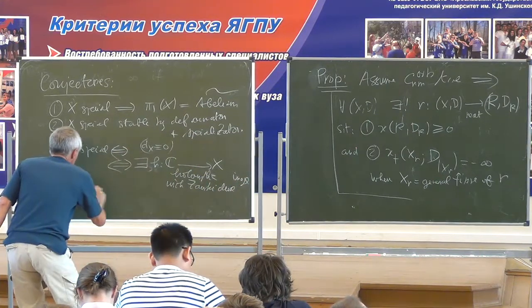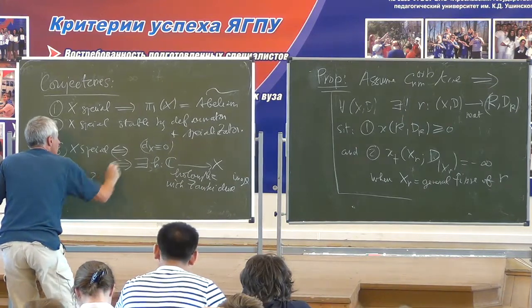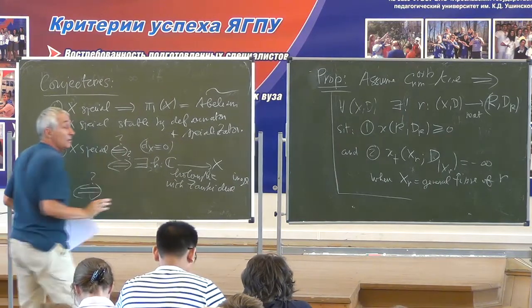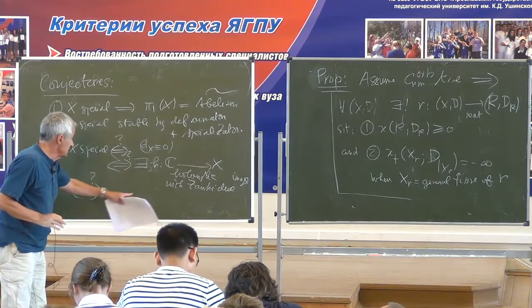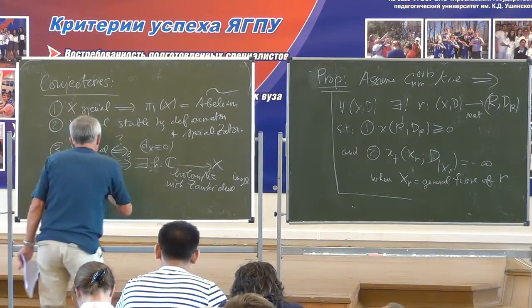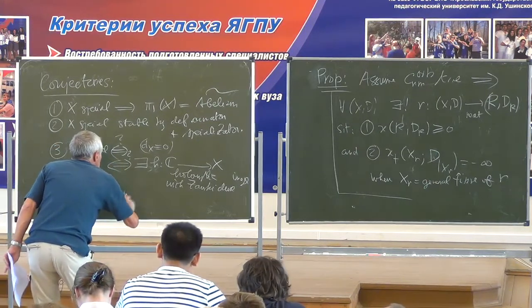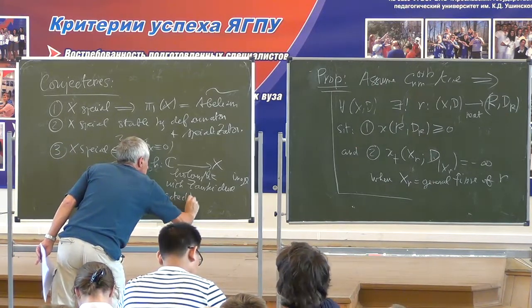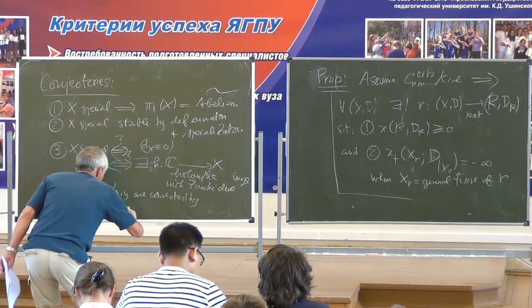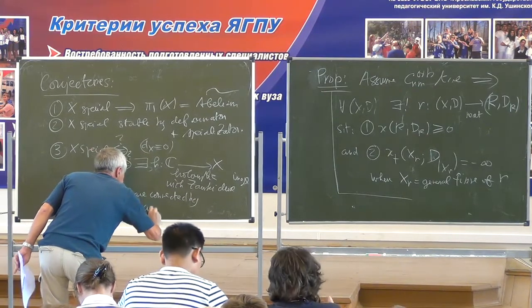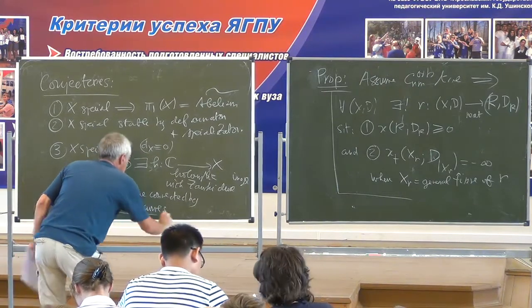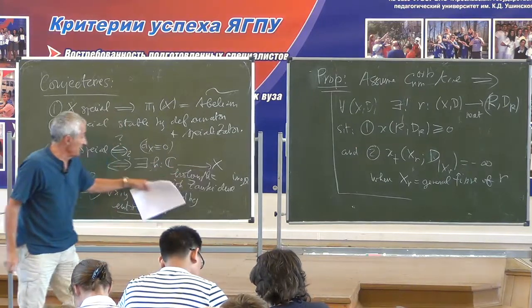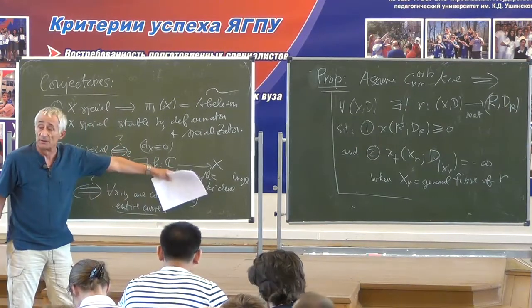And here a stronger version should be, of course, these are all conjectures, equivalent to: any two points x, y are connected by entire curves. An entire curve is the image of such a holomorphic map.